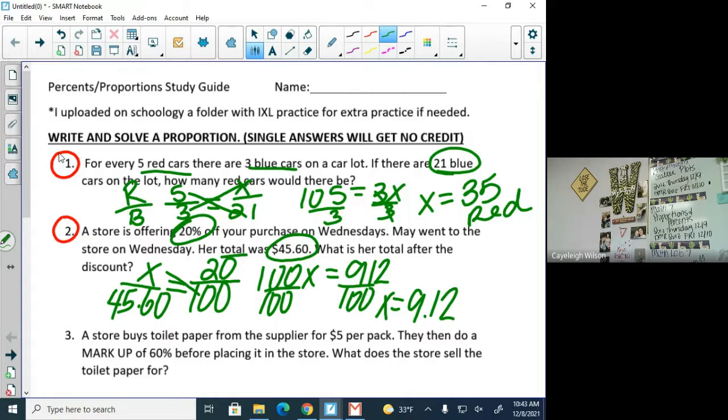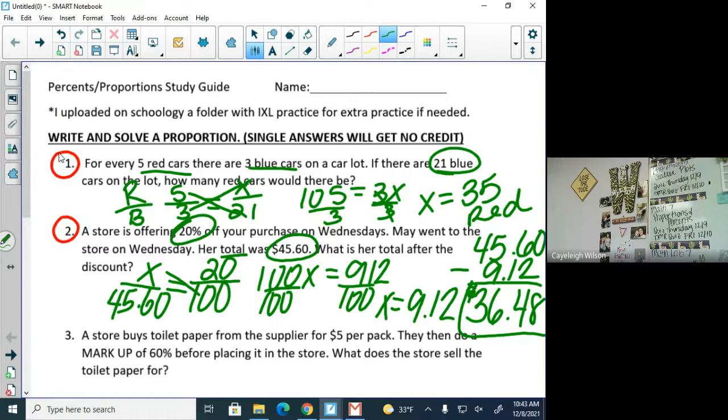But the question says, what is her total after the discount? You subtract. So you take the 45.60, you subtract the discount that she got, and what was that? $36.48 is her new total after that discount.